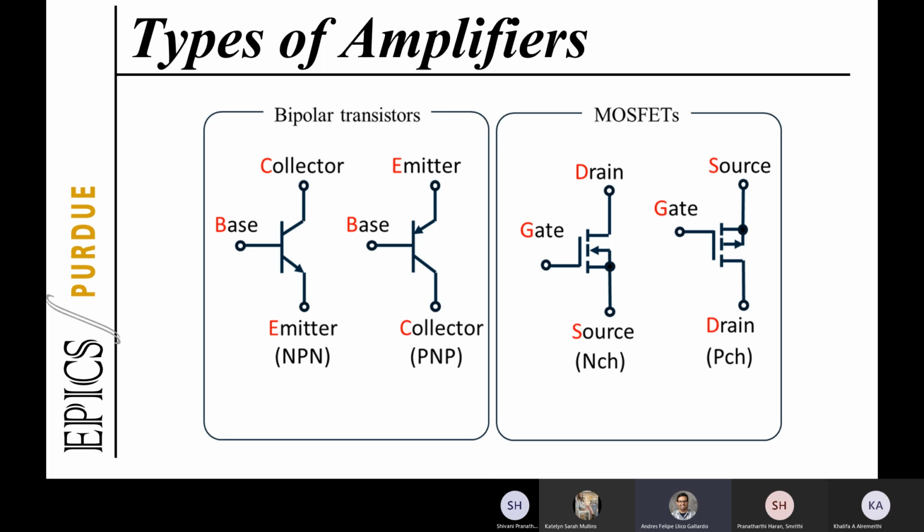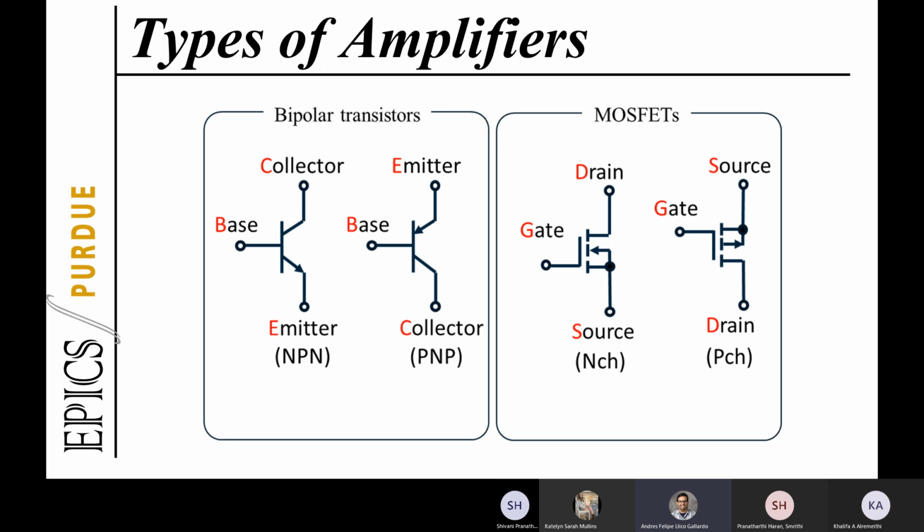We can see the symbol is different from the transistor, but they also have an arrow to indicate their differences. For the MOSFET, the one on the left is N channel, and the one on the right is a P channel.